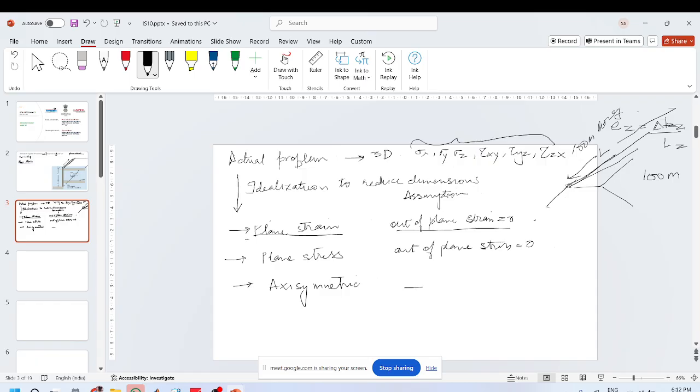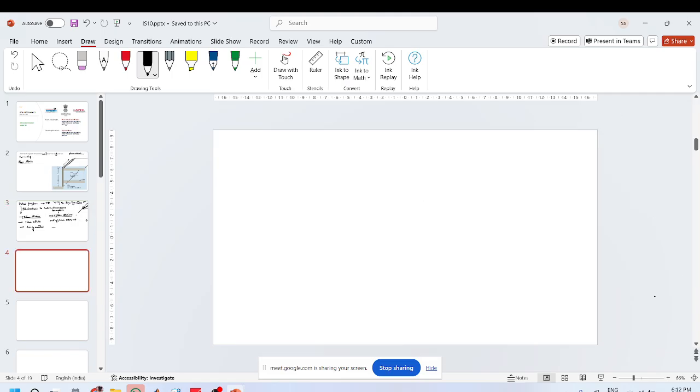The strain in this direction is usually maximum, let us say 1 mm, 2 mm, even 5 mm. So the strain in the z direction will be 5 over 100, which is 5 into 10 to the power minus 5.